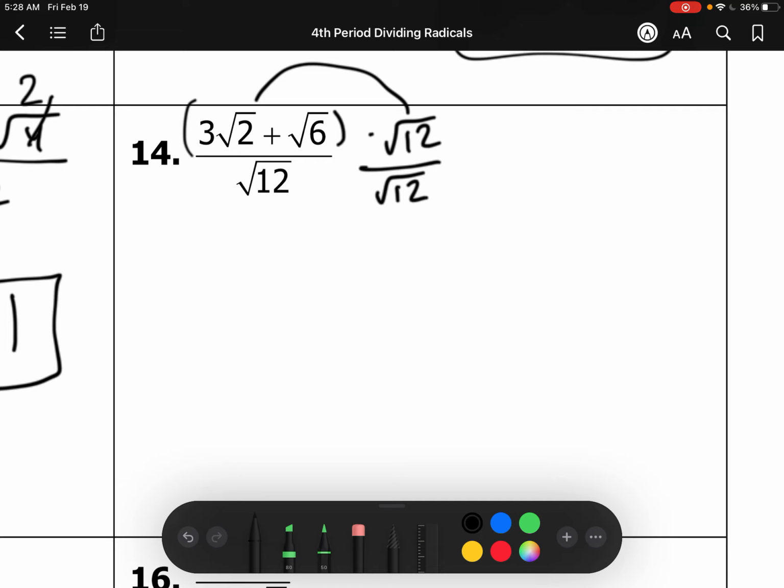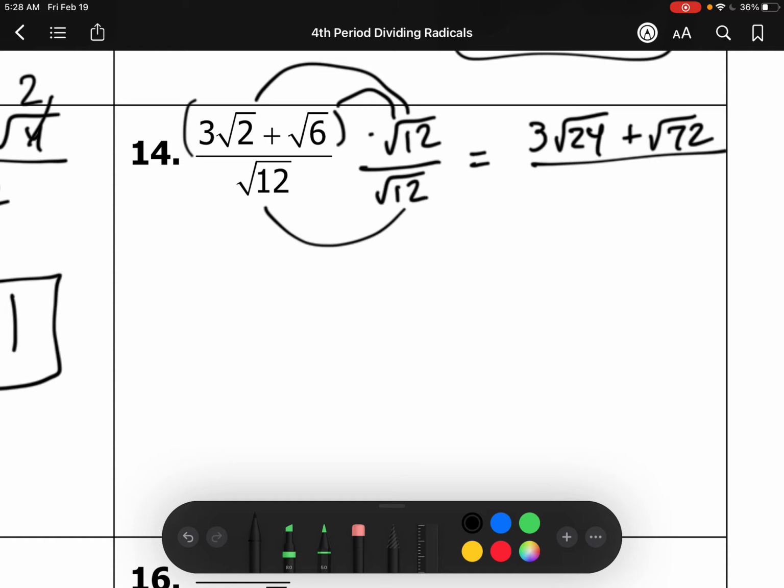So 3 times the square root of 2 times the square root of 12 is 3 times the square root of 24. Next we have the square root of 6 times the square root of 12, so plus the square root of 72, divided by the square root of 12 times the square root of 12, which is the square root of 144.